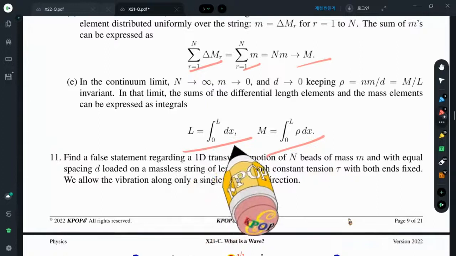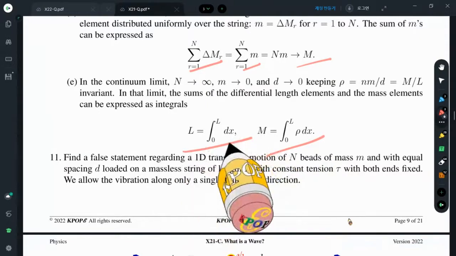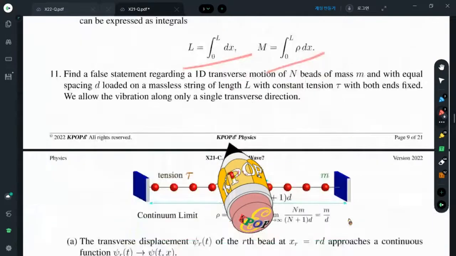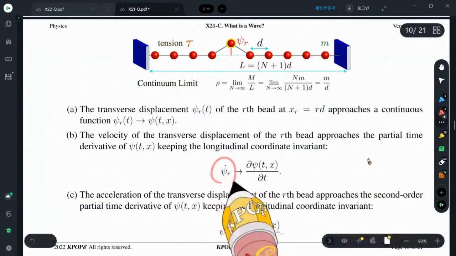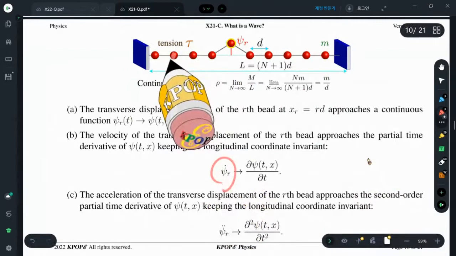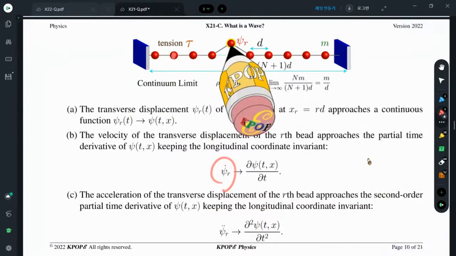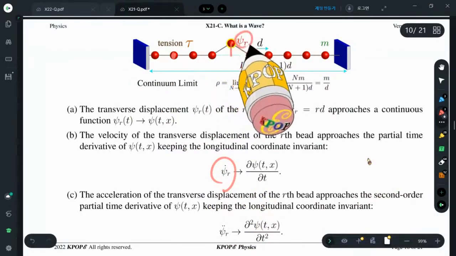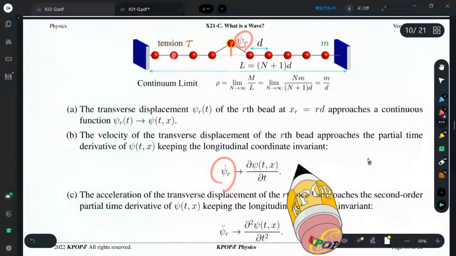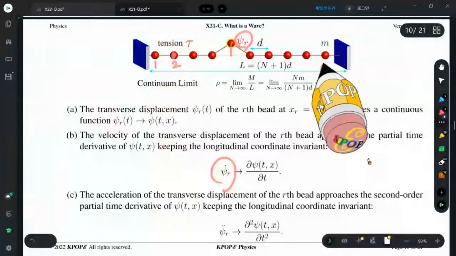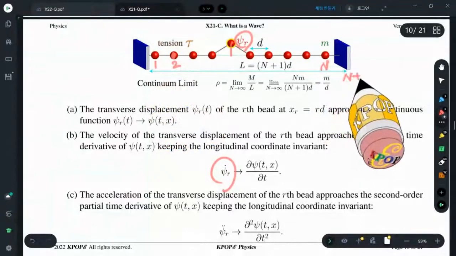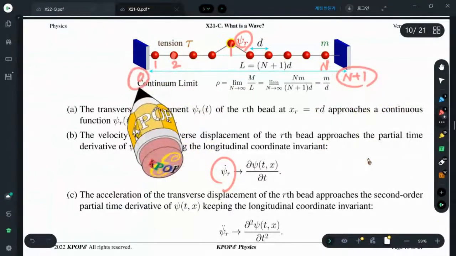Integrals are more convenient to evaluate. Using this way, I can describe the velocity of each particle. Each particle's fluctuation is identified by psi r, where r runs from 1 to n, and n plus 1 and 0 are fixed.